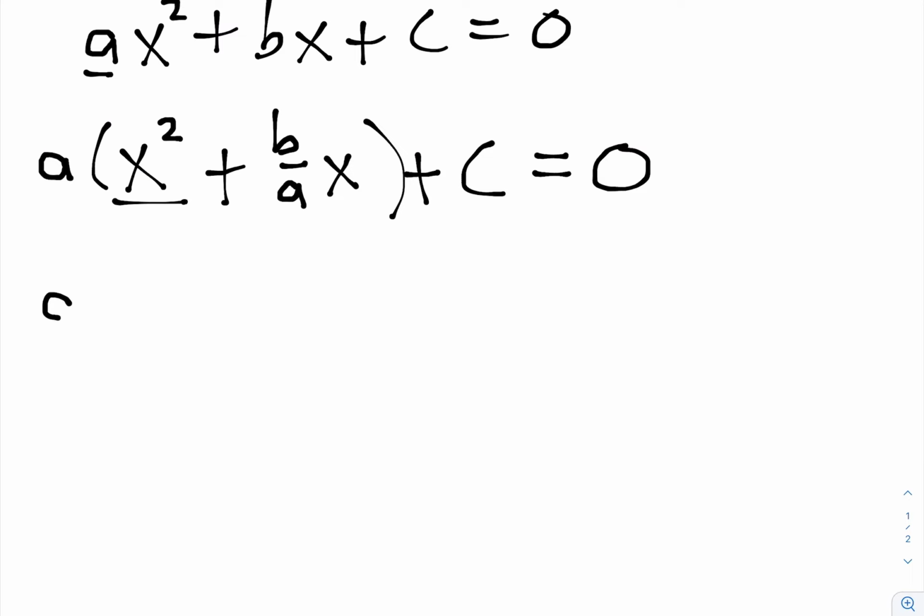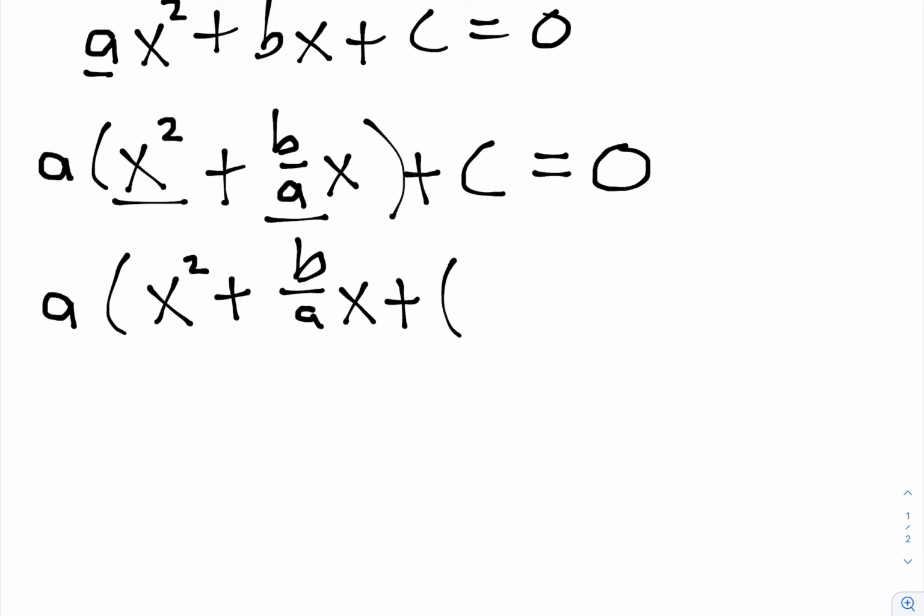Okay, and when we complete the square, we always take the second term inside the brackets. Or sorry, let's see. We keep this b over a times x, right? And then we're always adding the coefficient on the second term, b over a, and we're dividing by 2. So this is b over 2a. And remember, we're squaring it.